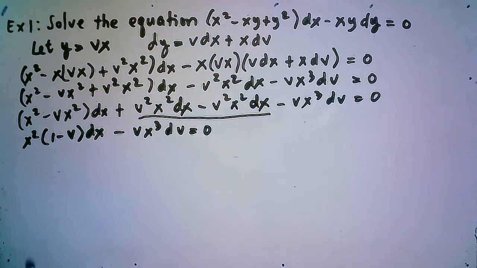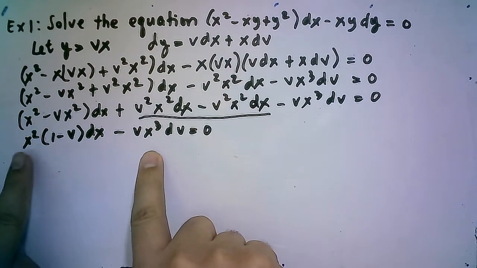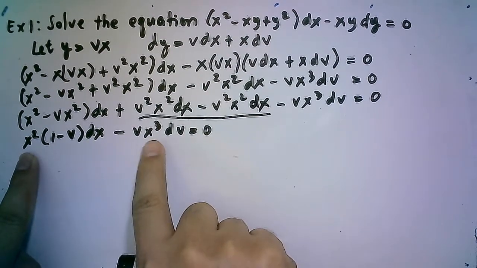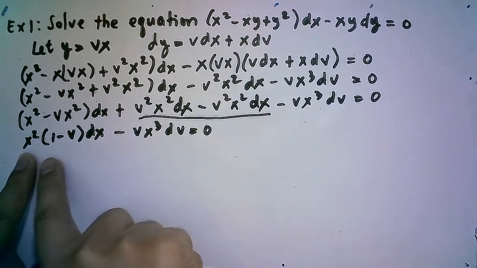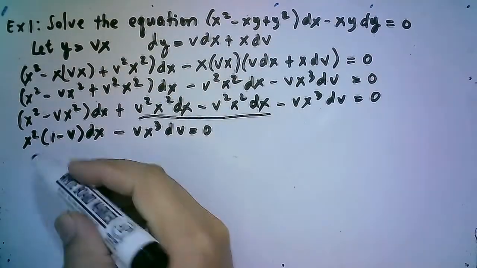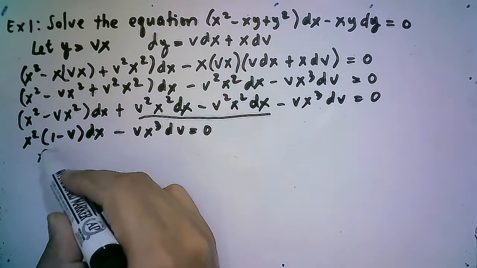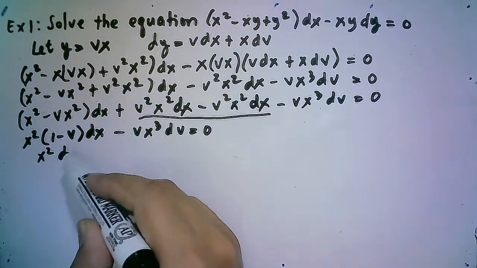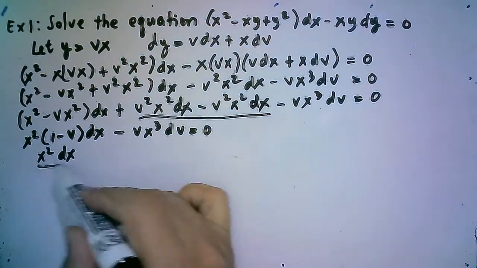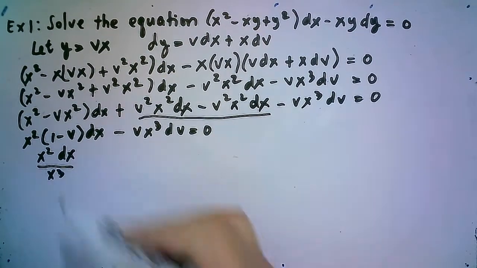Now, by transposition, this will become x squared over x cubed. So what remains on this side is dx over x. I will write first x squared dx over x cubed.